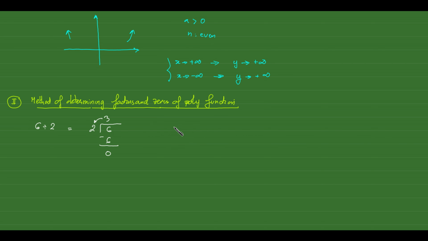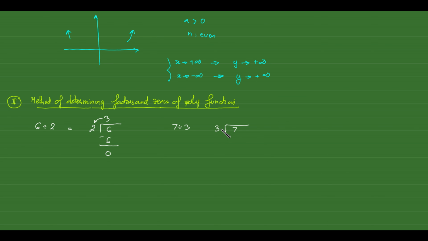What if I want to divide 7 by 3? This is how you set it up. You ask yourself how many times 3 goes into 7, or what value times 3 is really close to 7.